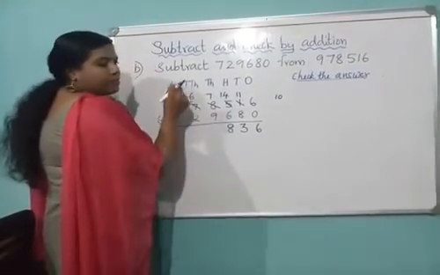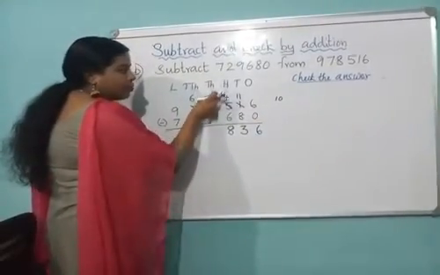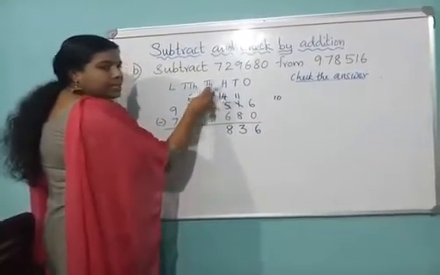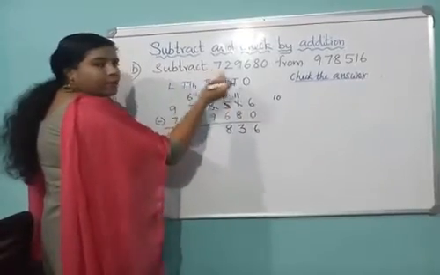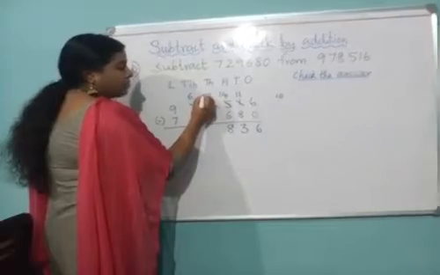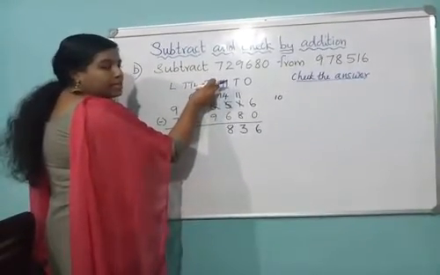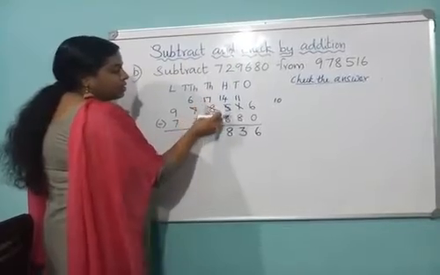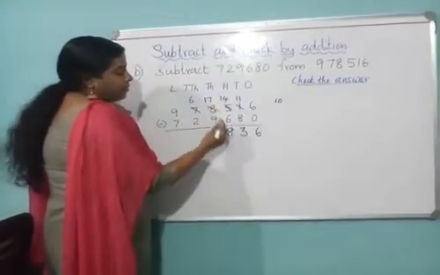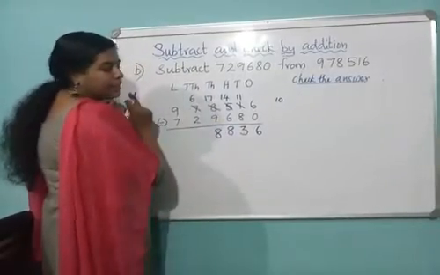And here we get 1 group of 10,000 plus 7,000. Already 7,000 is there, and additionally we got 1 group of 10,000, that means we get 17,000. So 17 minus 9. What will come? Again 8 will come. 8 plus 9 is 17.